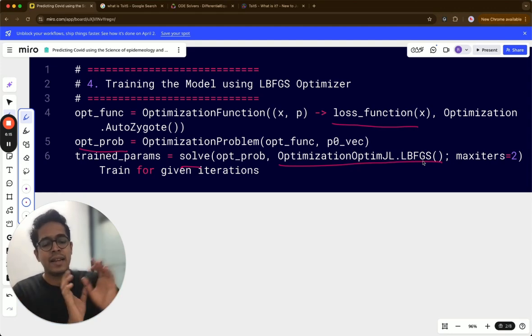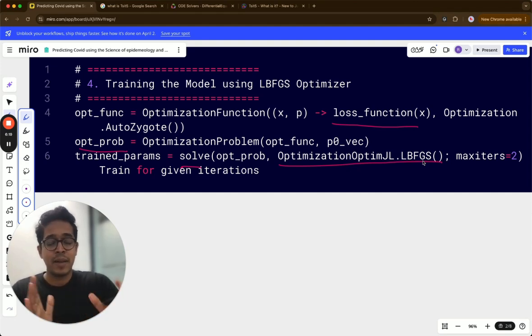BFGS is the name of four scientists who came up with the algorithm, if I understand it correctly. But it's very different from the way Adam works. I think we could also implement Adam optimization here, which should work equally well. But anyways, this is what has worked really well for me.